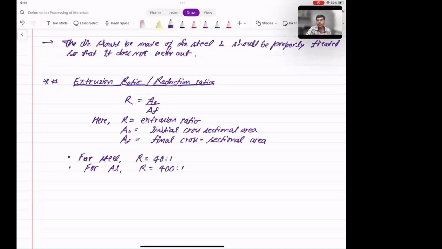That should not be mixed up with this. Both are different parameters. We'll see the relation between those two.